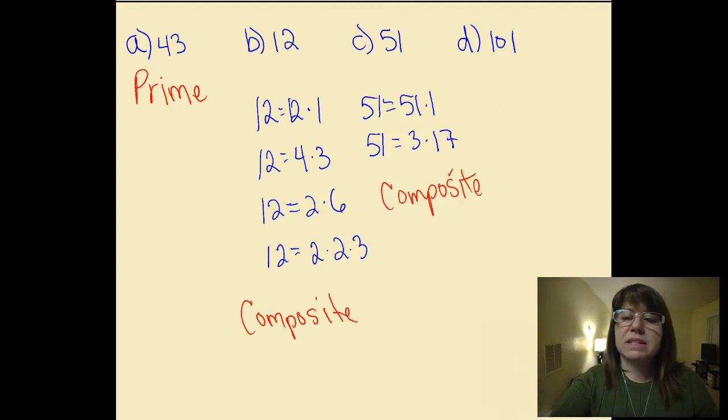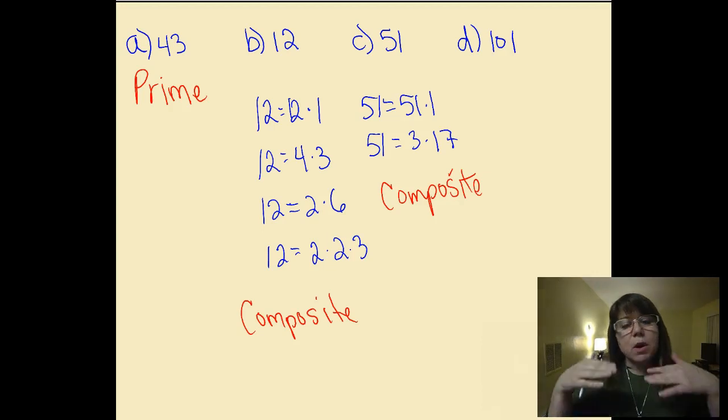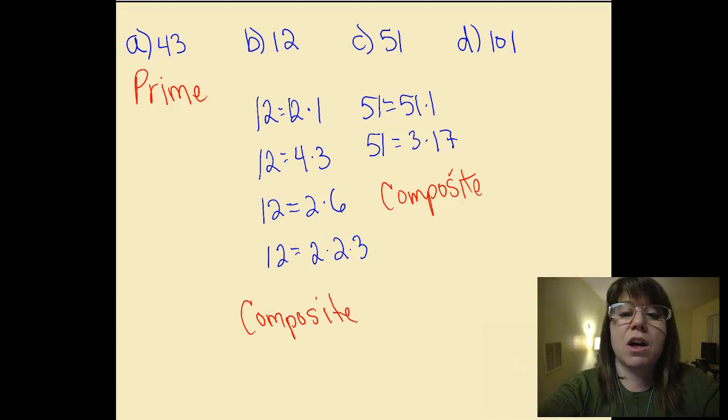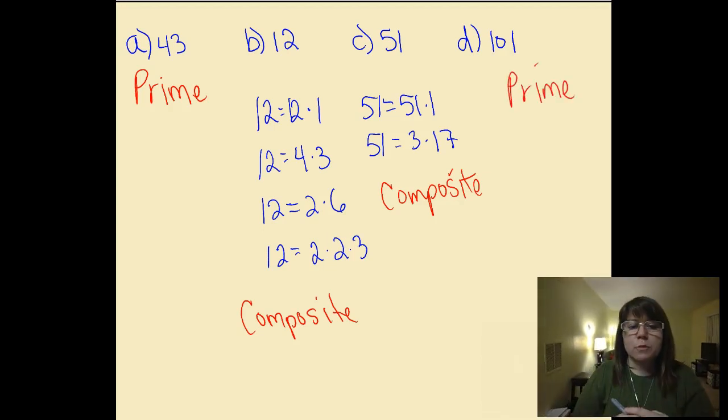Well, 5 does not divide 101, 7 doesn't, 11 doesn't, 13 doesn't. I can keep going and going, but as it turns out, 101 is also prime. Now you may be asking, when do I know when to stop?